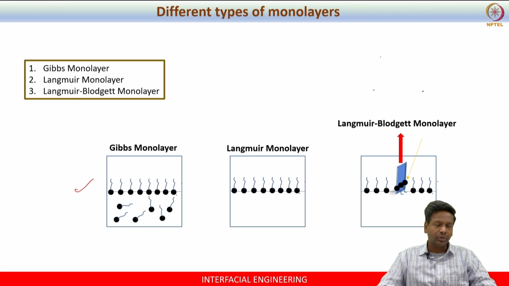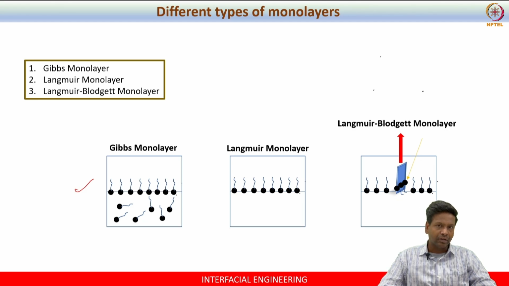The moment you add these molecules into the bulk, they will go to the interface and adsorb at the interface. As you add more and more molecules into the bulk, more and more molecules will go and adsorb at the interface.